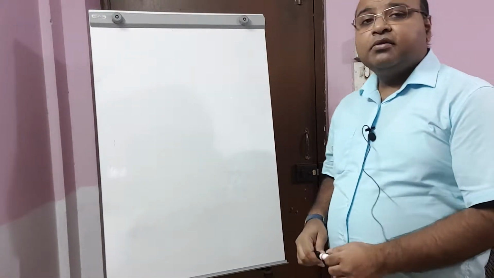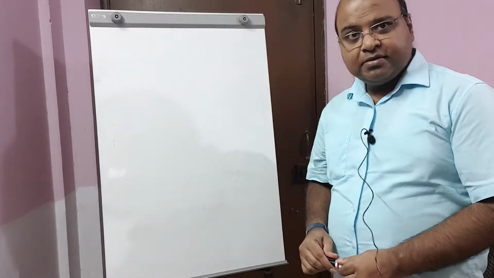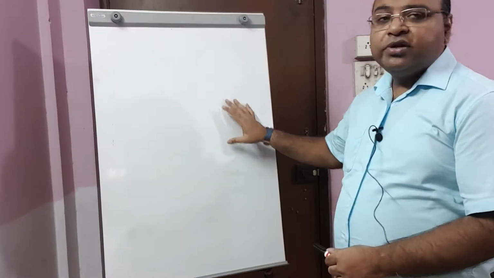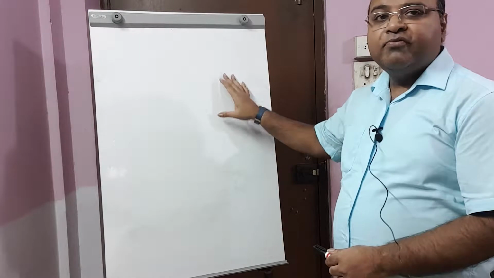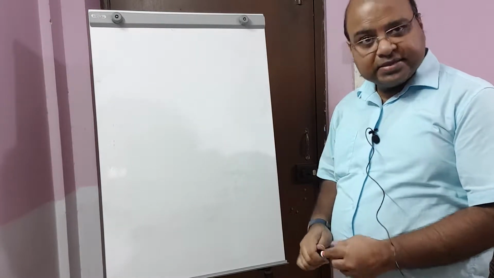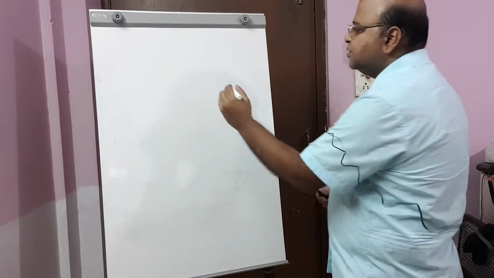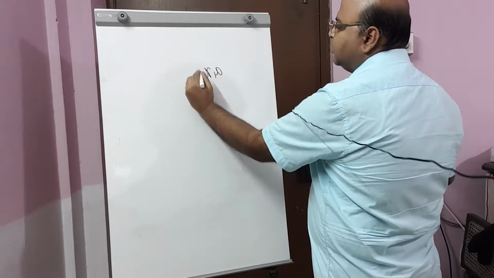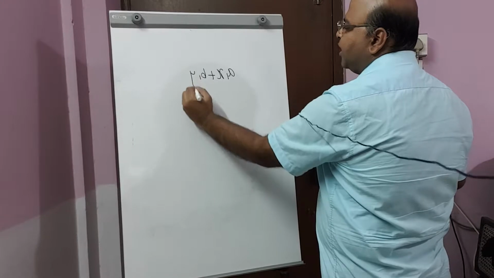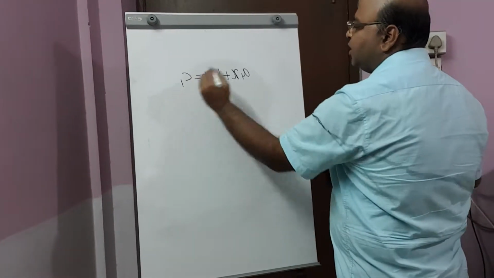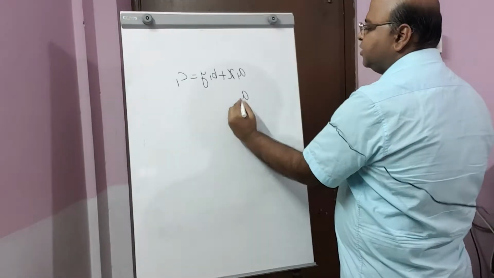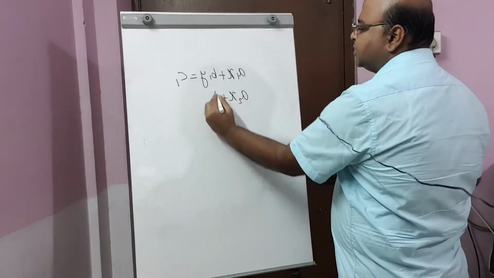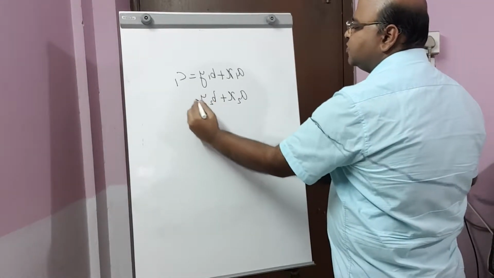Since we have two variables here, x and y, the system must contain two equations. The number of variables and the number of equations should be the same. So let us consider one equation as a1x plus b1y is equal to c1, and the second equation as a2x plus b2y is equal to c2.